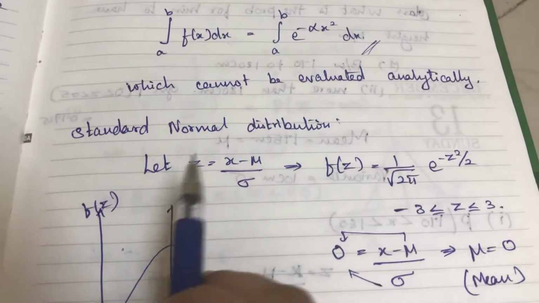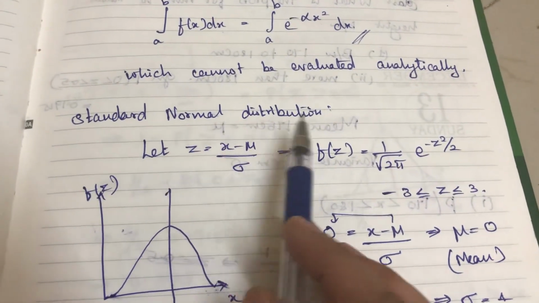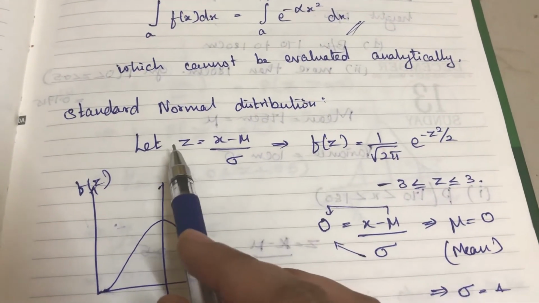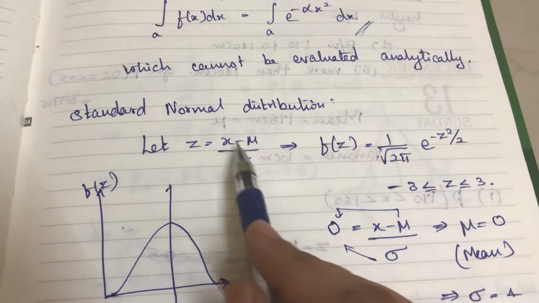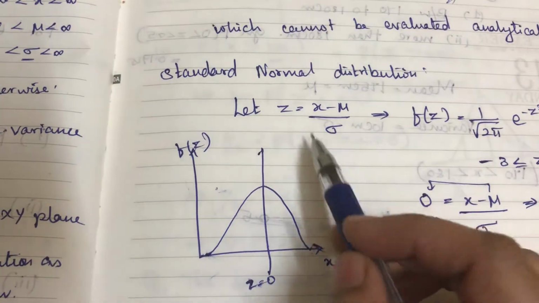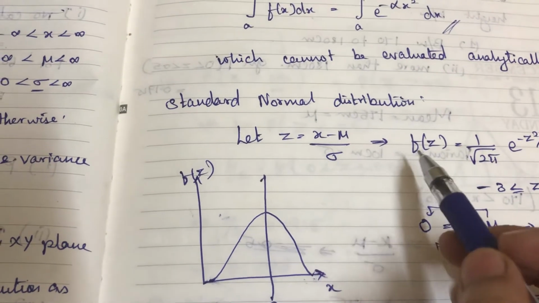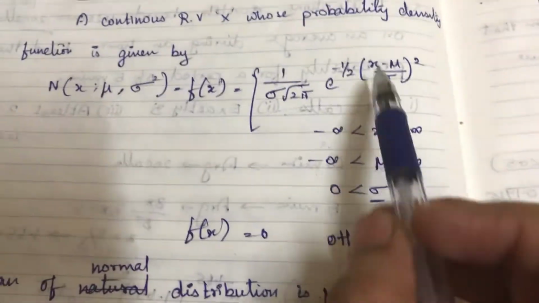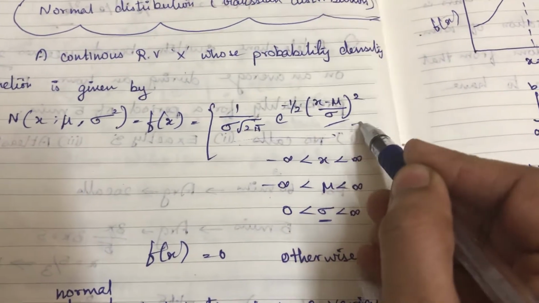The formula will become like this, but it cannot be evaluated analytically. Next, standard normal distribution: we need to put z equal to x minus mu by sigma, which is nothing but the f of z function. So we rewrite this complex term as z.